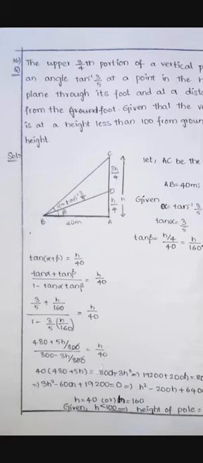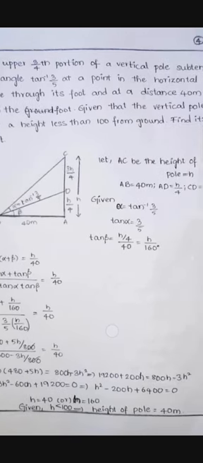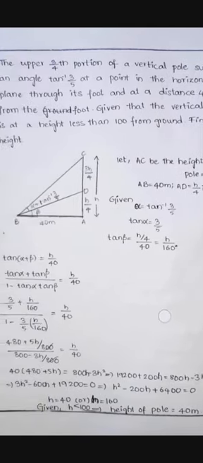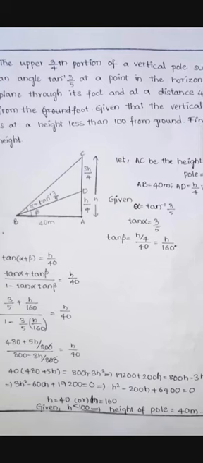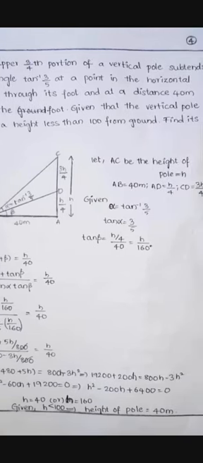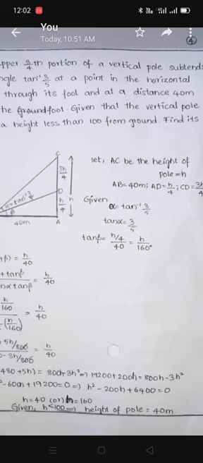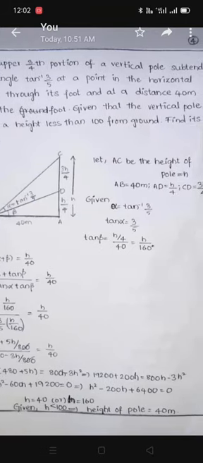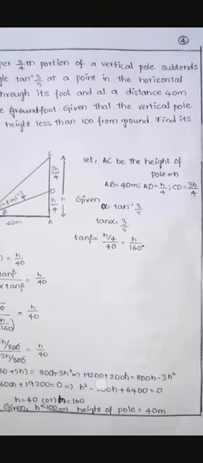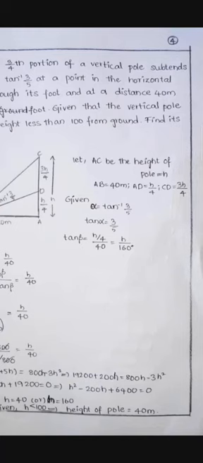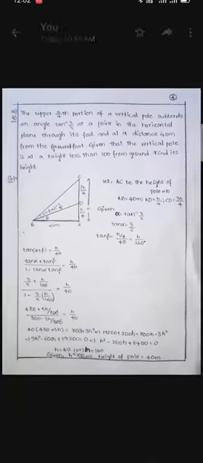480 plus 5h is equal to 800h minus 3h square. By simplification, 40 into 480 is 19,200, 40 into 5h is 200h, equal to 800h minus 3h square.